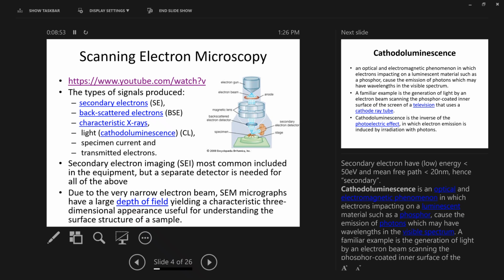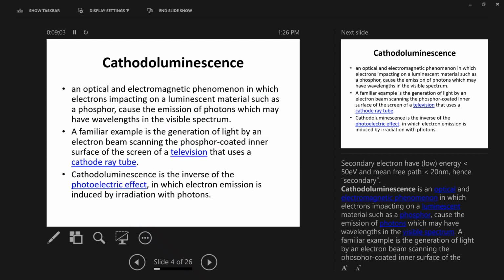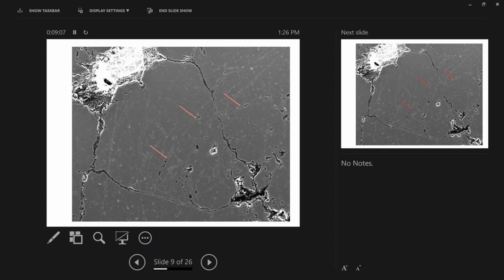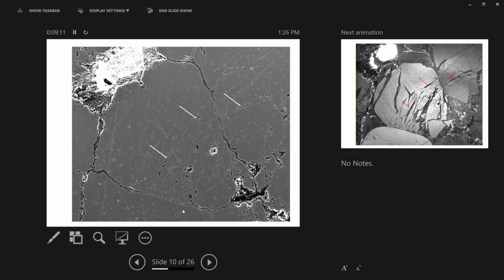And then you will also see scatter not only from the top surface that you're imaging, but also from a little bit below, which is what causes this sort of effect of having depth, right?